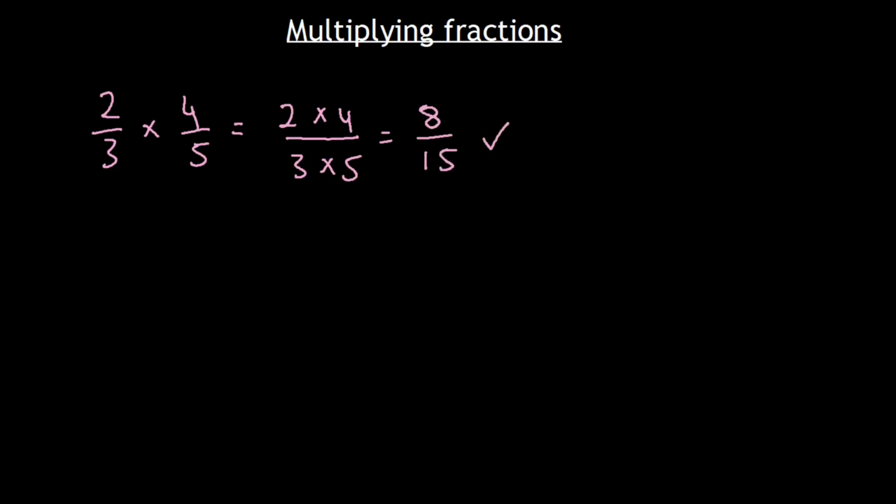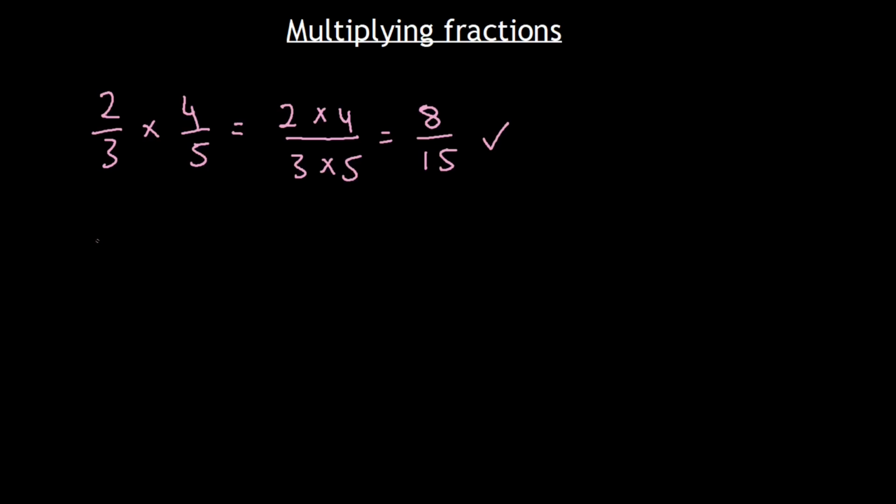Okay, and you would leave it there. Now if you can simplify, then by all means simplify, but in this case there is no common divisor. I can't really divide the top and bottom by the same common number, so we leave it as it is.